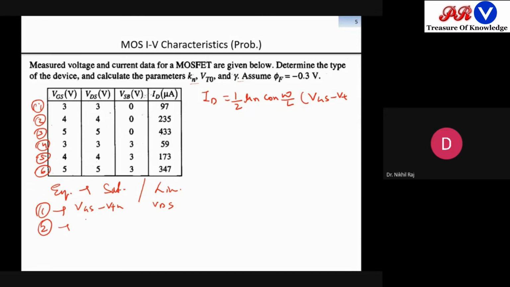From row 1, VGS is 3, VDS is 3, and since it is NMOS, VTH must be some positive value. So which type of relation will be here, greater than or lesser than? What about VGS minus VTH, lesser or greater? Can anybody speak out?